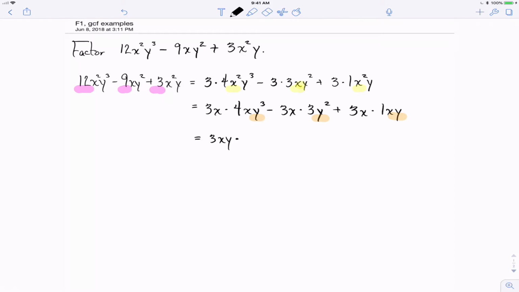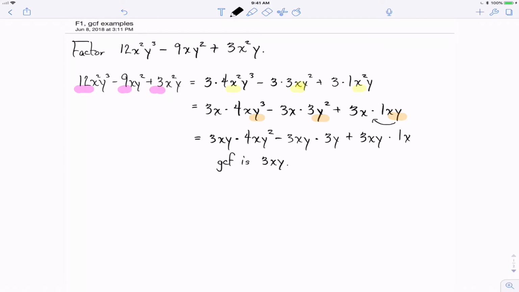The first term becomes 4xy squared minus 3xy times 3y plus 3xy times, since this y is being moved out, I'm just left with a 1x. And now my greatest common factor is the entire 3xy.